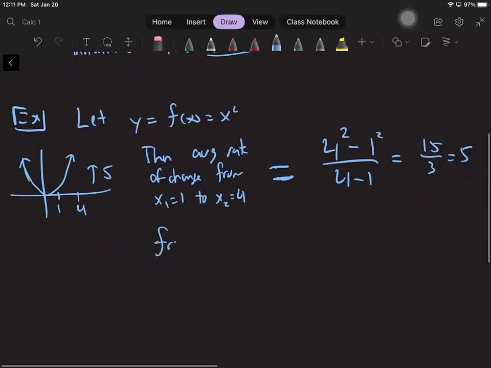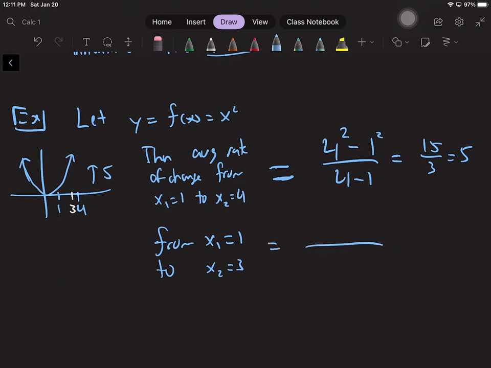But if I change it from 1 to 3, so I move this second number a little bit closer, well, then the average is going to be different. So it would be 3 squared minus 1 squared over 3 minus 1, which is 8 over 2, which is 4. So it's not the same anymore.